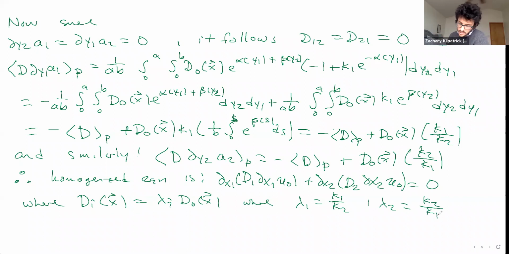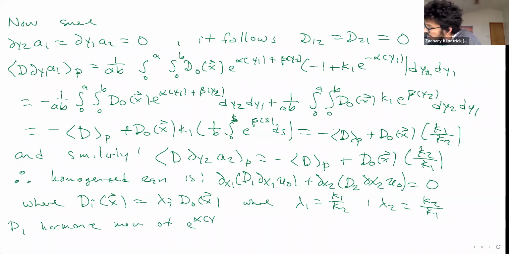Okay. And again, if we look at this, d1 is going to be the harmonic mean of e to the, sorry, no, I mean lambda 1 is.